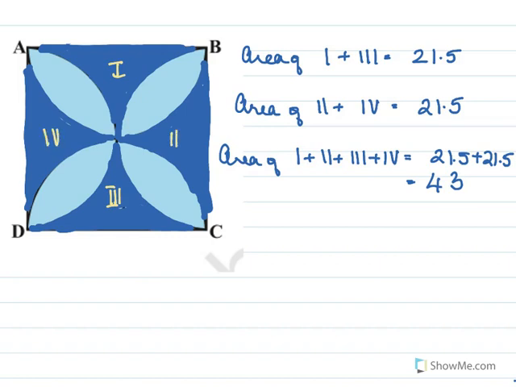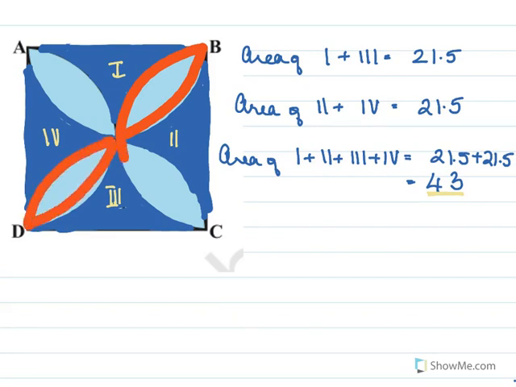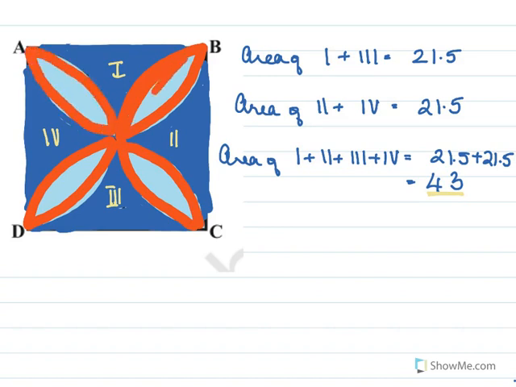This total area we got is 43 centimeter square. To find the area of this pattern, you would agree you got to do area of the square minus the area of 1, 2, 3. So to find this area now.